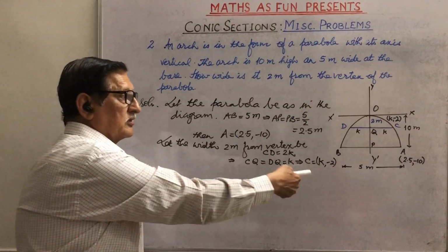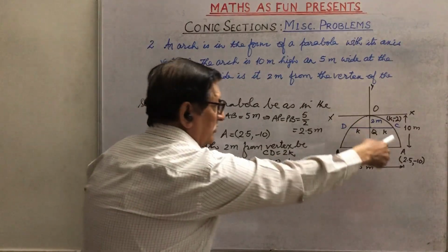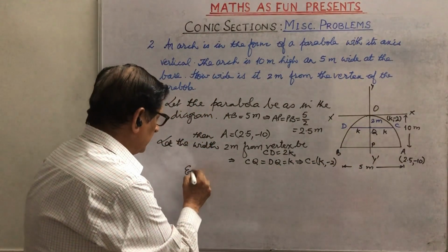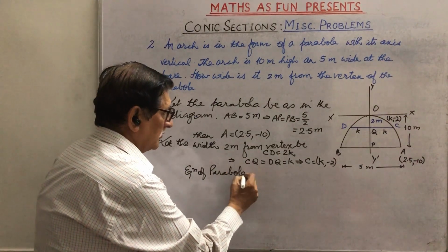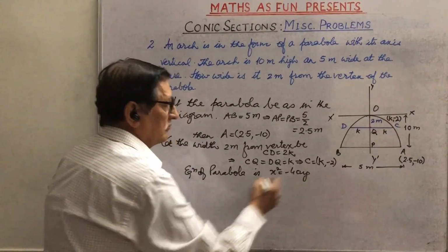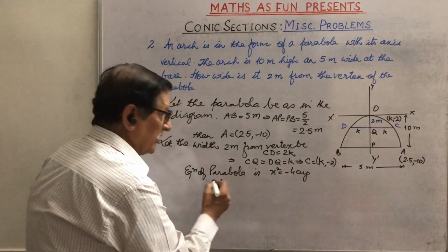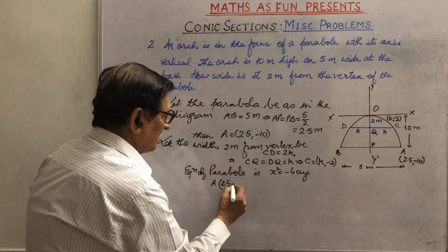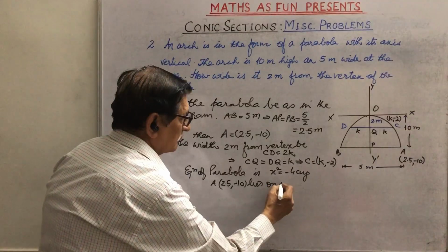Now we can consider the parabola downward, and therefore we can write here equation of parabola is x square is equal to minus 4ay. A, which is 2.5 comma minus 10, lies on it.